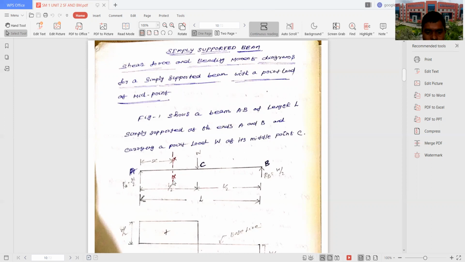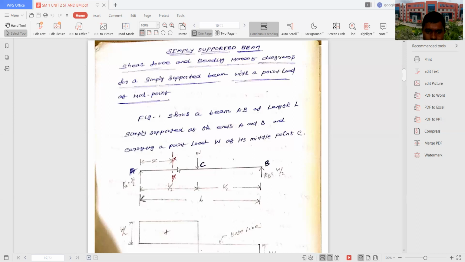So at the section XX, Fx will be equal to shear force at X. At the section XX, Mx will be equal to bending moment at X. For bending moment also, if you take the section and consider either left or right side, load into distance, that is called the bending moment value. If you add all the moments of forces, you will get the bending moment value.